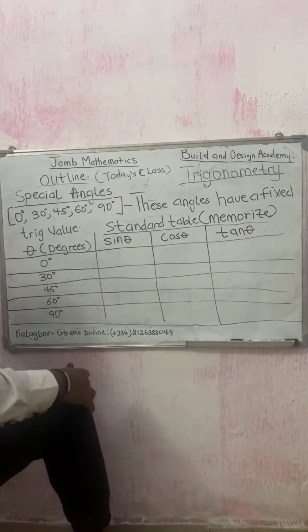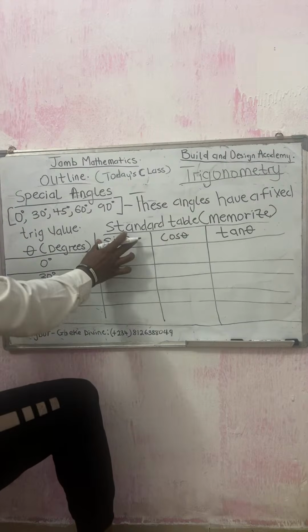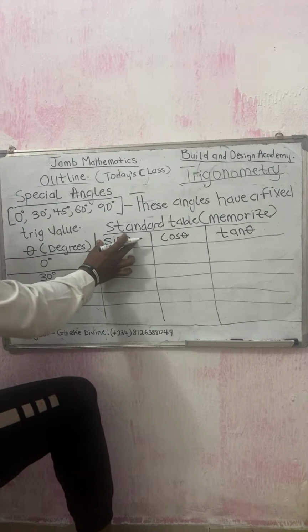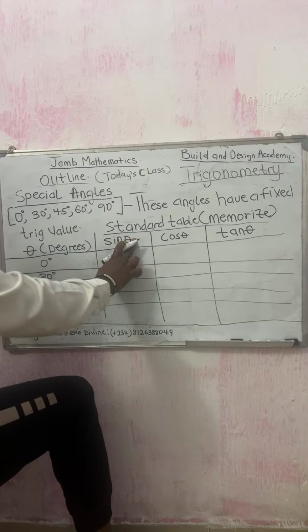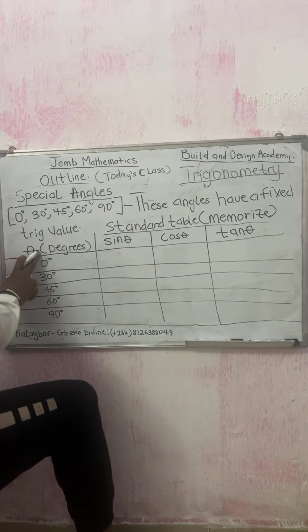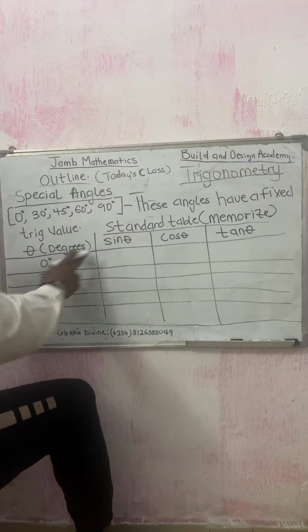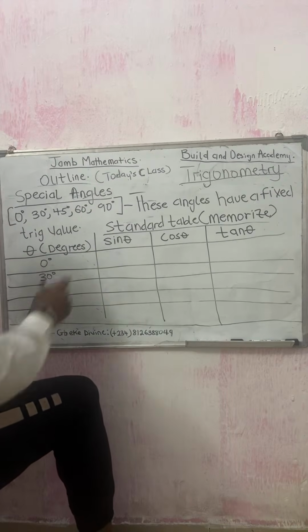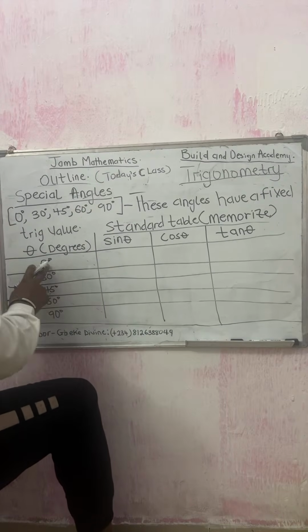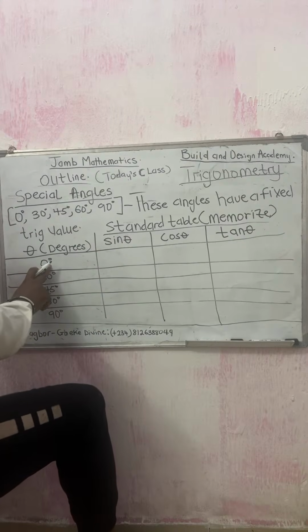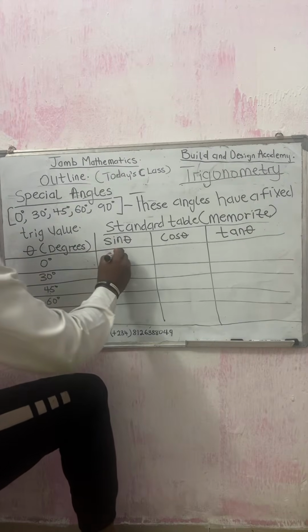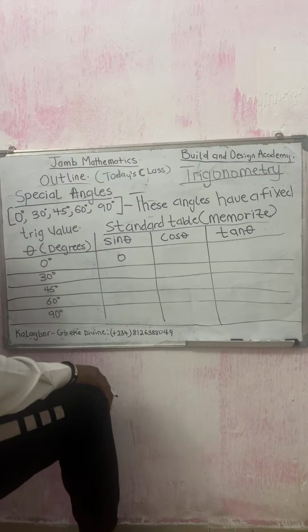Alright, so now sine theta, we know that theta represents degrees. Anywhere you see theta, you input the value of this degree inside it. So for sine 0 degree, we have 0.